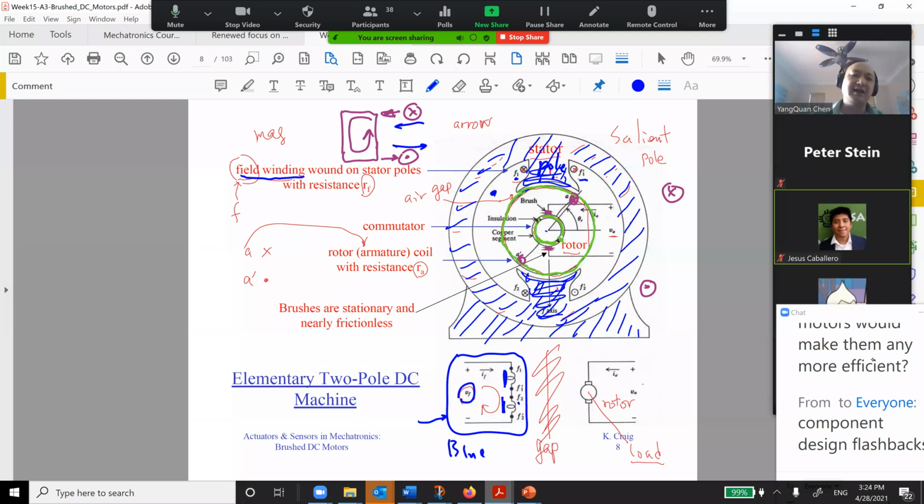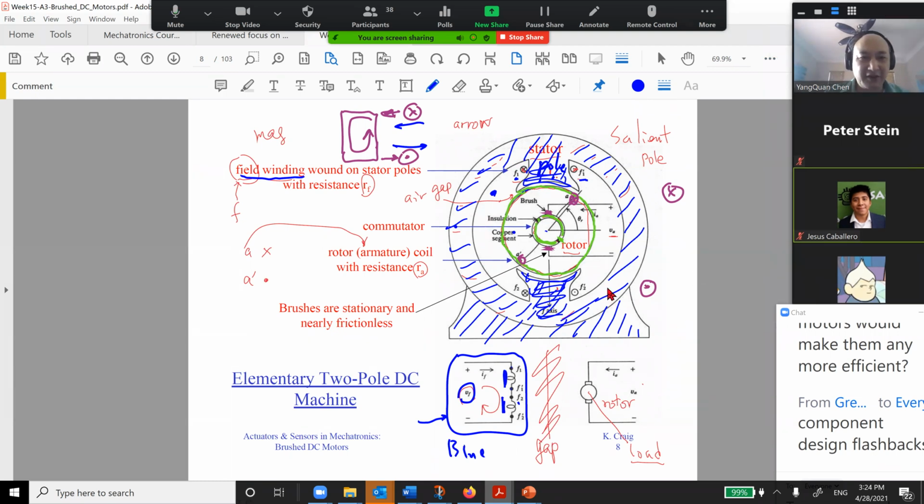By doing that, we can say that we have a magnetic field. If I give the coil voltage, then the coil will start to turn. That becomes a motor, converting electrical energy to mechanical energy.